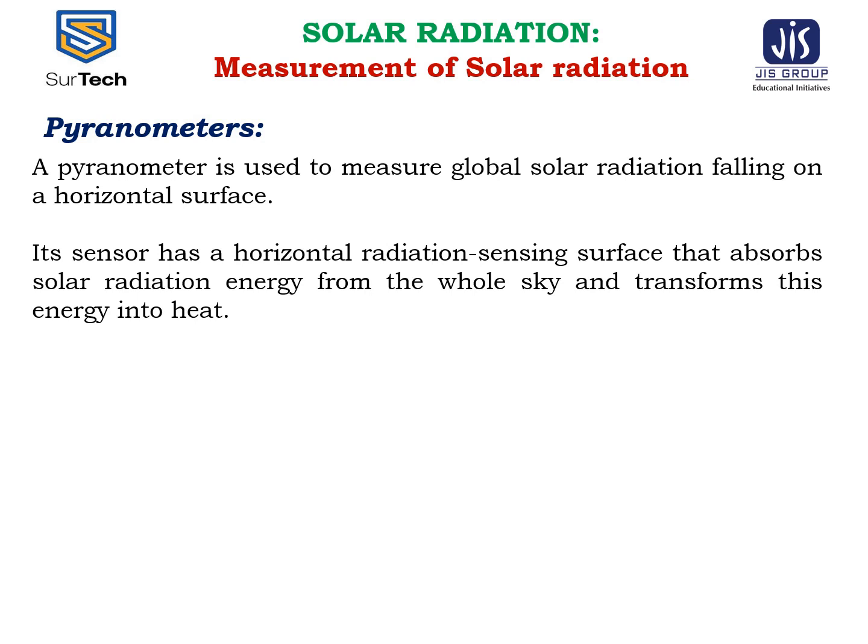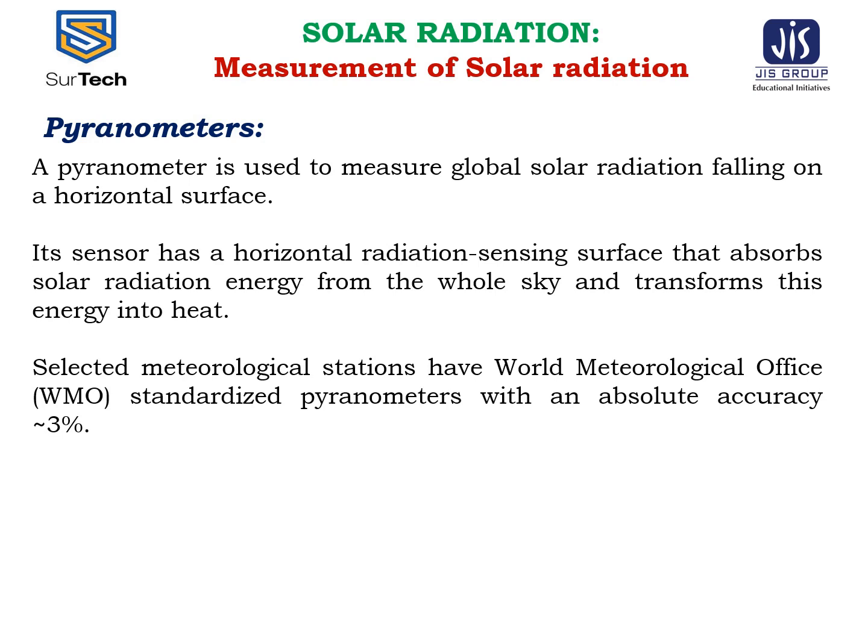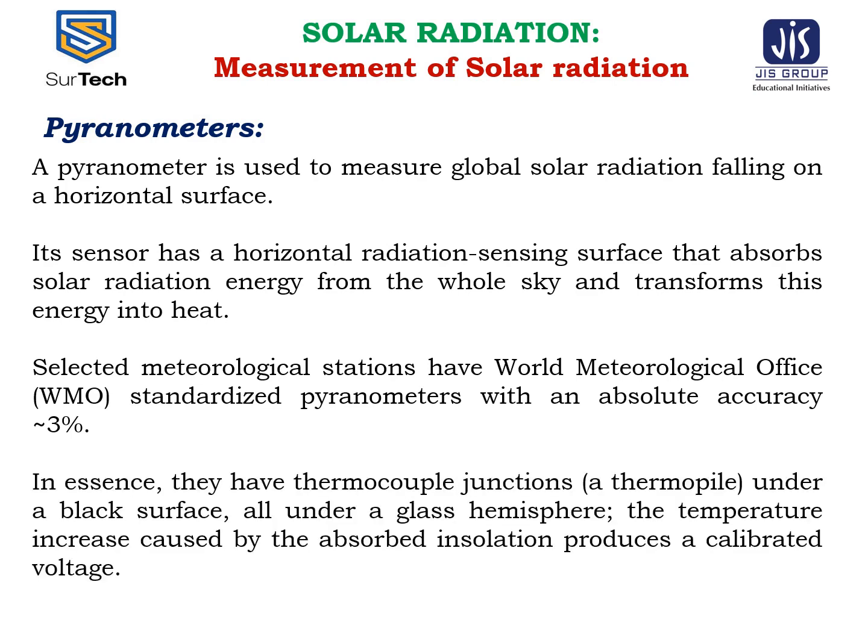Each sensor has a horizontal radiation sensing surface that absorbs solar radiation energy from the whole sky and transforms this energy into heat. Selected meteorological stations have World Meteorological Organization WMO standardized pyranometers with an absolute accuracy of 3%.